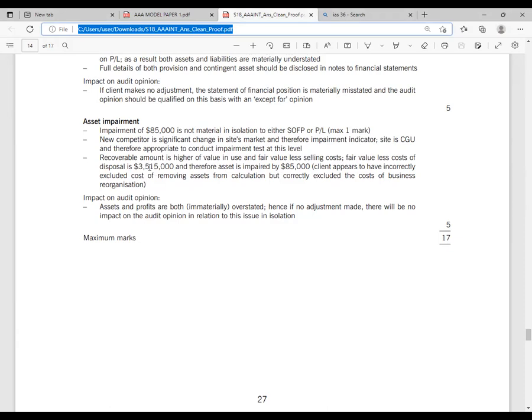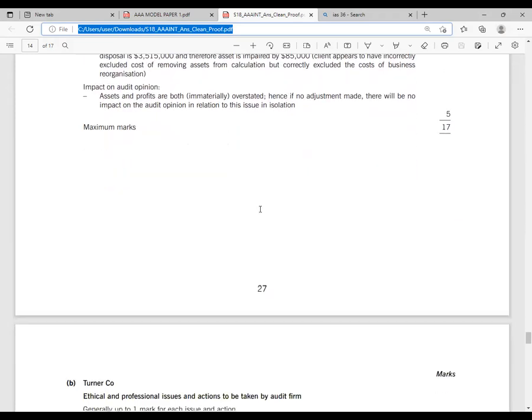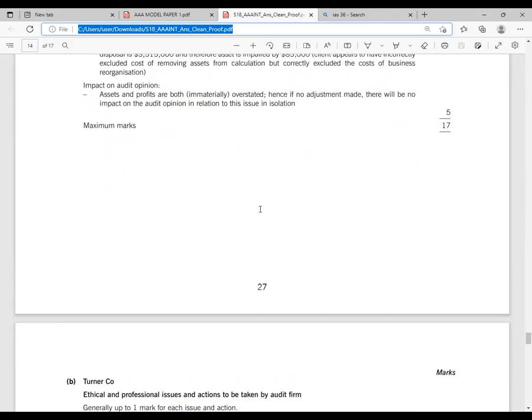We got this figure, and therefore asset is impaired by 85,000. Client appears to have incorrectly excluded cost of removing assets from calculation, but correctly excluded the cost of business impact on audit opinion. Assets and profits are both immaterially overstated. Hence, if no adjustment made, there will be no impact on the audit opinion in relation to this issue.